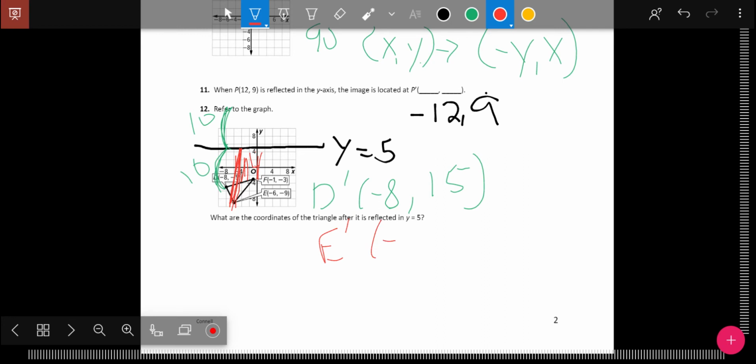And so negative 6 stays negative 6, but now it's going to be 19 high because I'm going 14 higher up here. Last but not least is F image. F is only 8 away. And so if I only go 8 away this way, it's going from 5 to 13 high. And so it stayed negative 1, but now it's 13 high.